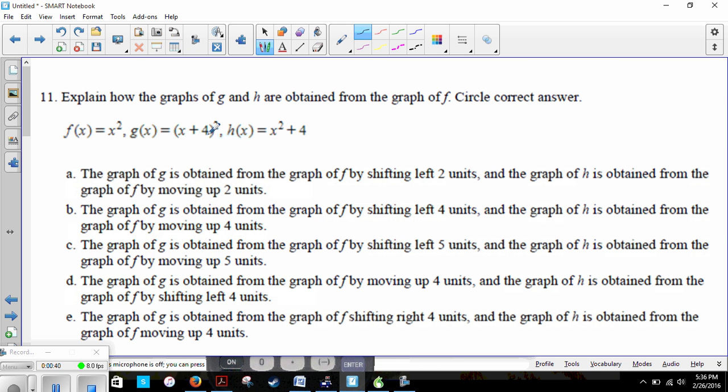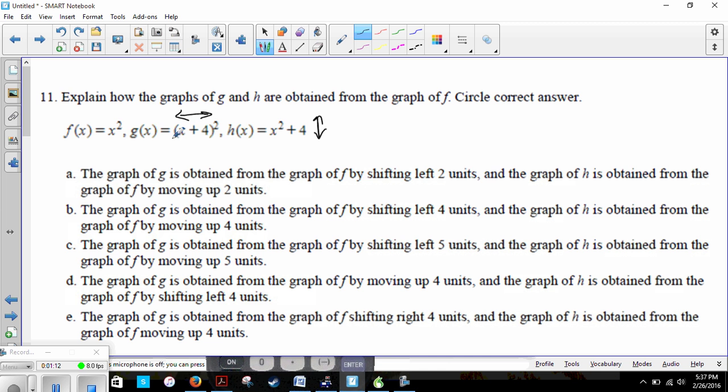Well, when you have the number wedged inside of what gives the function its name, so this is an x squared, and you can see x plus 4 is inside of what's being squared, if it's inside of the function, that is going to move your function left or right. If it's outside, like it is with h, outside of what gives it its name, because it's an x squared, and then plus the 4 on the outside, that's going to move it up or down.